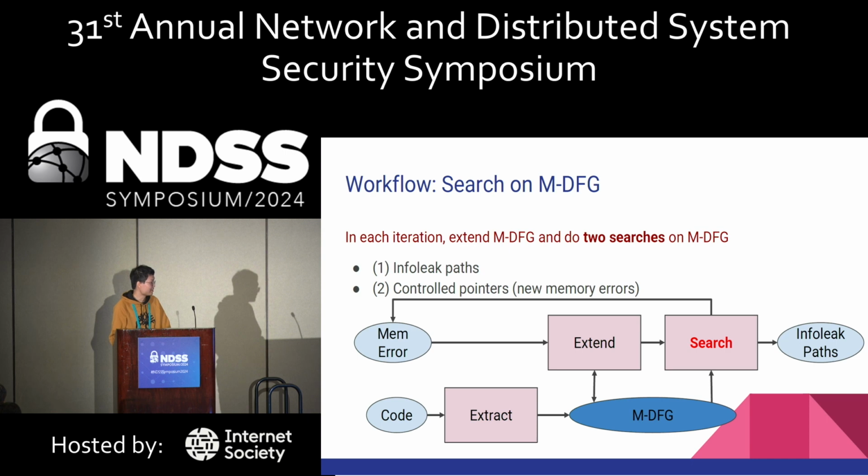They are newly found memory errors. So you can see it's an iterative algorithm. You can keep finding memory errors. And then once you find a memory error, you want to extend the graph with unintended data flow introduced by this memory error. So in this way, you can cover the search space of different kinds of Infoleak strategies.